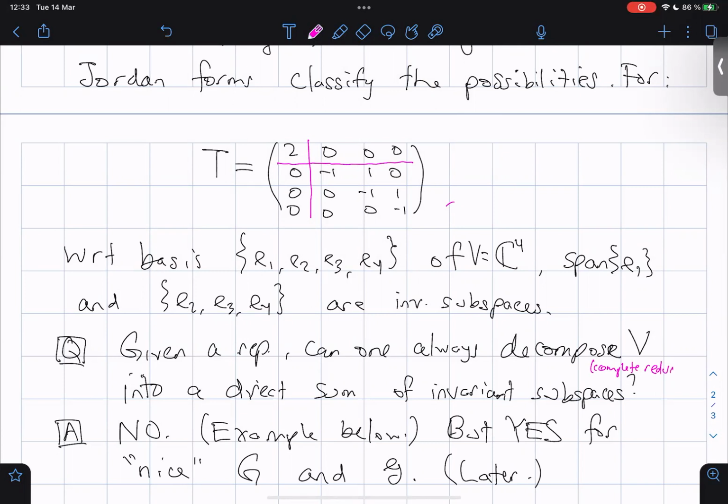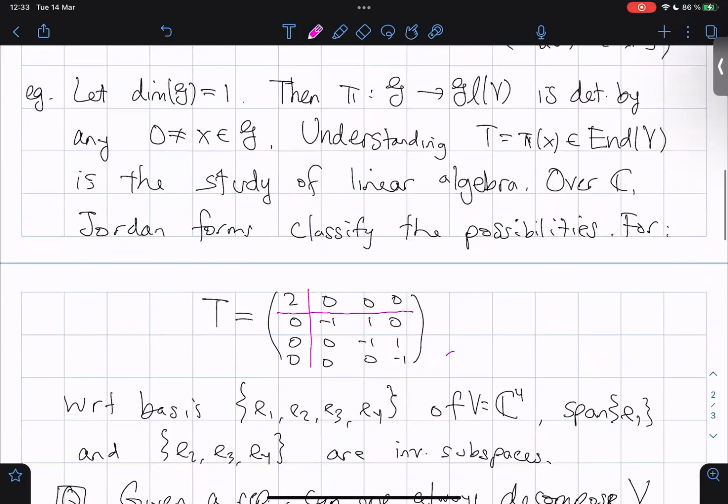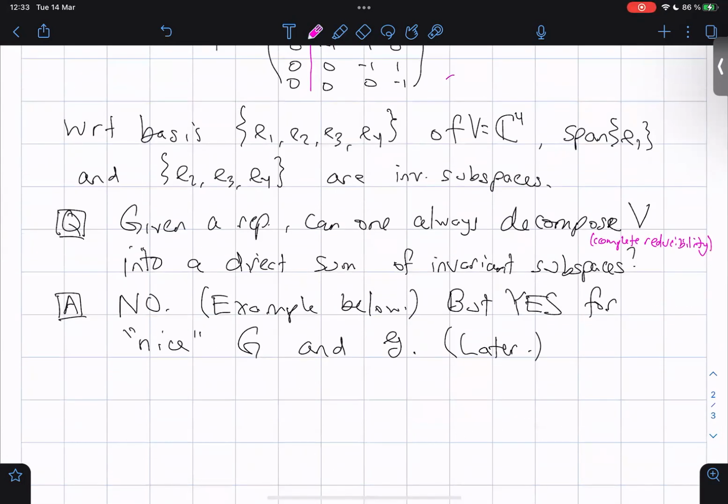When I say yes for nice G, this is in particular semi-simple.